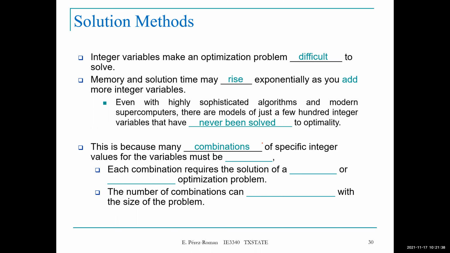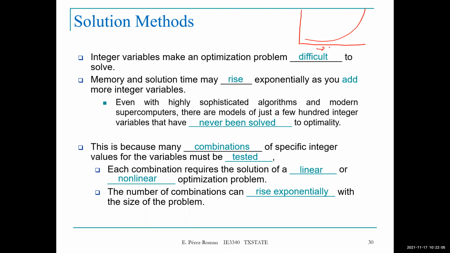This is because many combinations of specific integer values for the variables must be tested. Each combination requires the solution of a linear or nonlinear optimization problem, and the number of combinations can rise exponentially with the size of the problem. So basically, when we say it rises exponentially, it means this. This is the curve of the exponential.